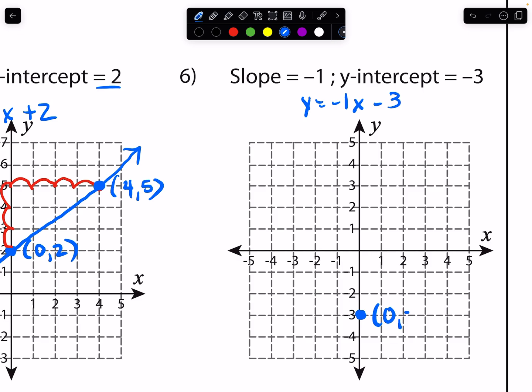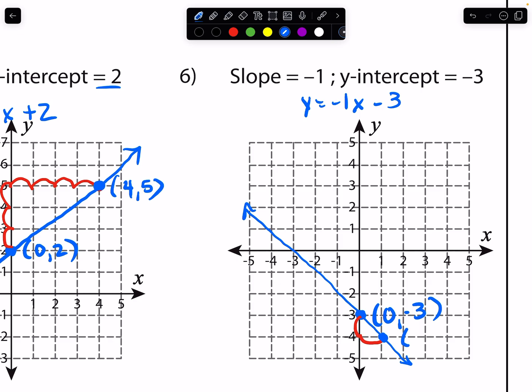This is 0, -3. My slope is -1, so that means down 1, forward 1. We know that it is traveling negative because the slope will be going downhill, and that we went over when we were learning our proportions.